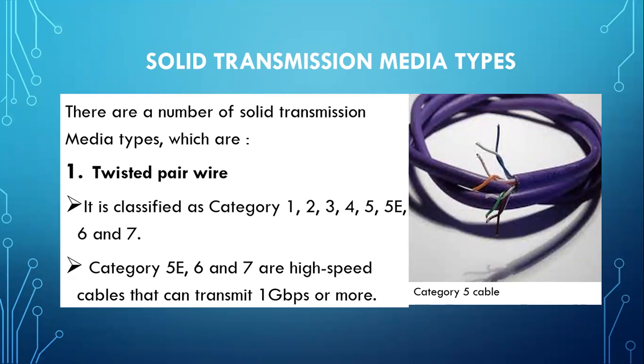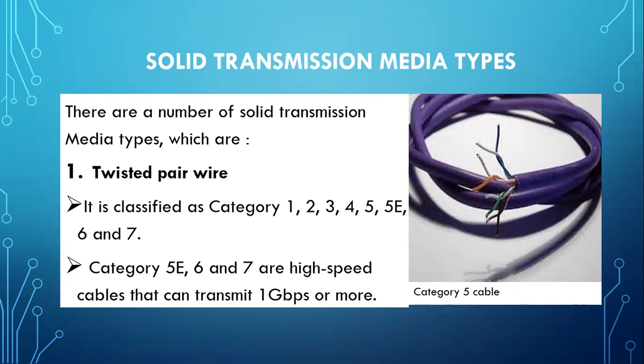From those categories, category 5E, 6, and 7 are high-speed cables that can transmit about 1 GB per second or more.